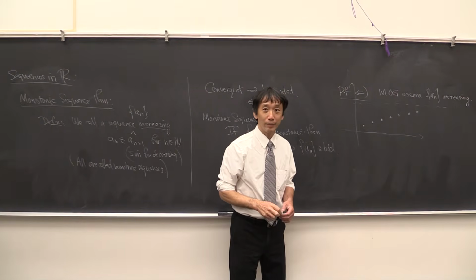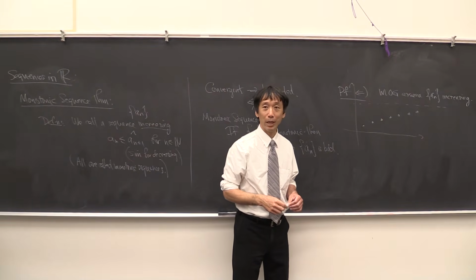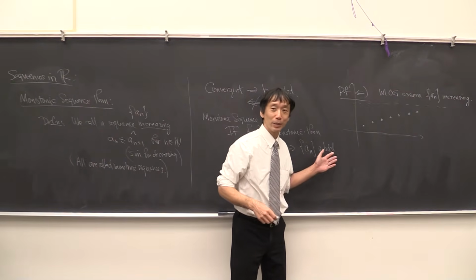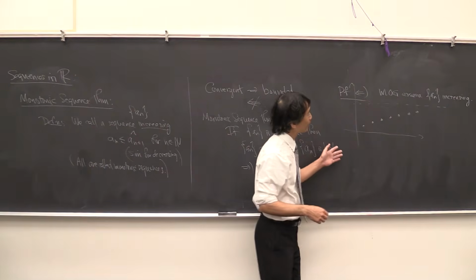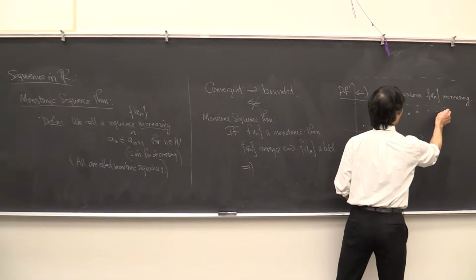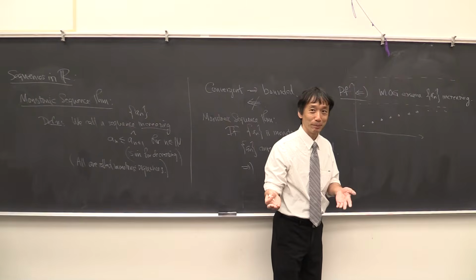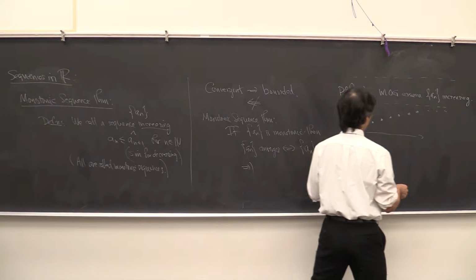Does anybody have an idea of how we can show that it has to converge? What do you think it's going to converge to? The upper bound? Well, there are a lot of upper bounds, but the least upper bound, exactly. So that's going to be our claim.